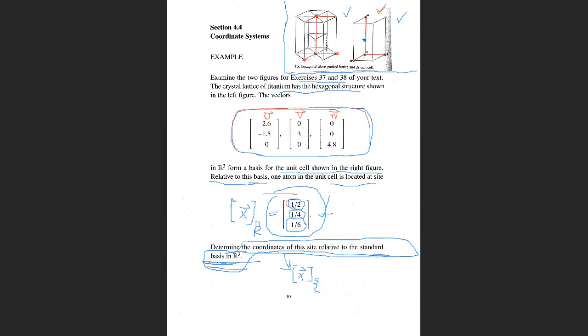and relative to what basis? I've got to put in some basis vectors here.